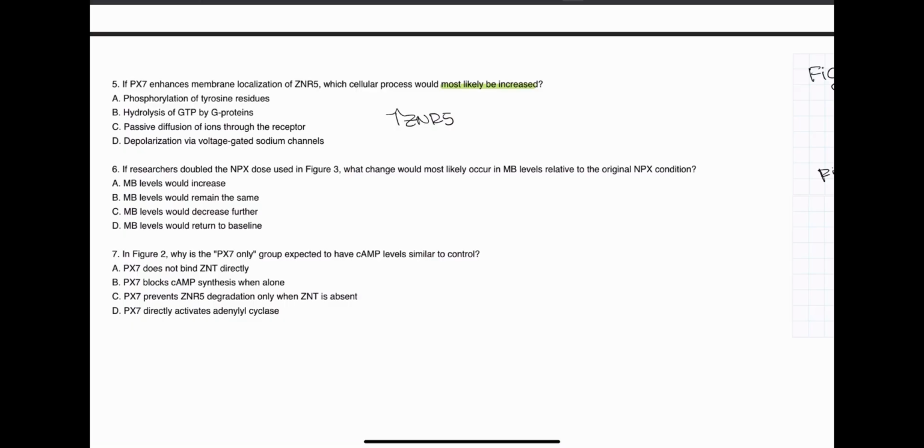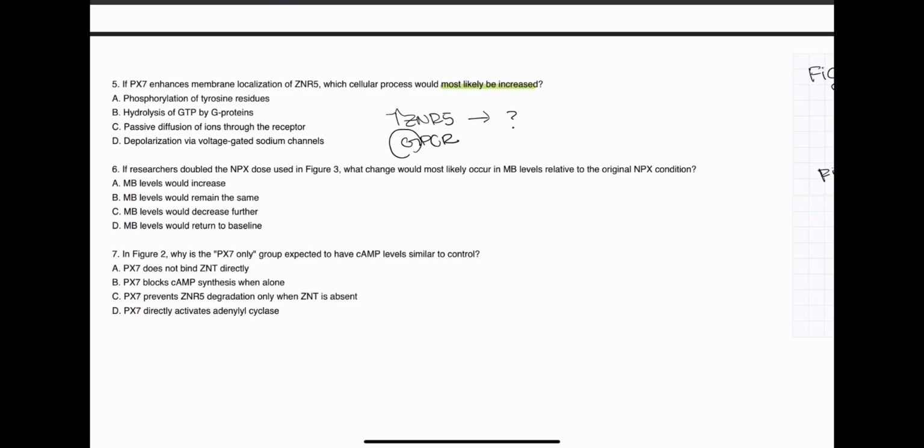Increase in ZNR5 will lead to what? Knowing that it's a GPCR, we also answered it in question 1. So we want to answer whatever has the properties of GPCR, which is G protein, GTP proteins, they're hydrolyzed, and GDP is there. Then the alpha subunit detaches, all that good stuff.